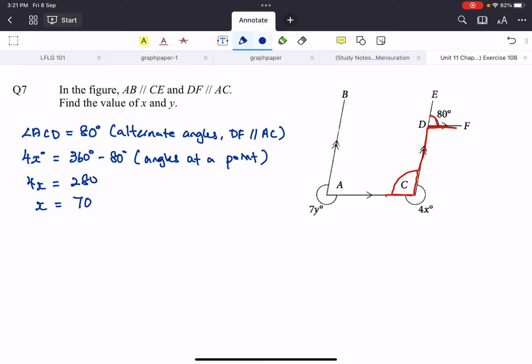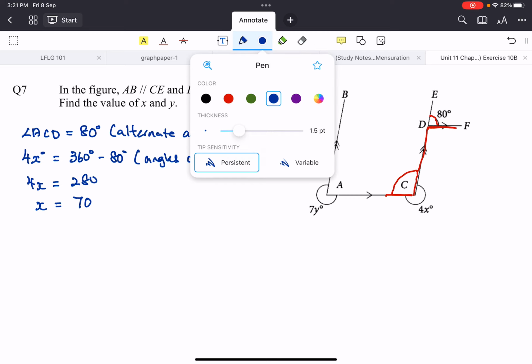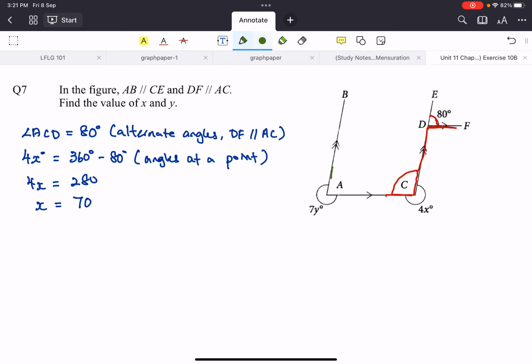Next, we need to find the value of y. So what can we do here? Well, we can find angle BAC first, right? So let me use a different color pen to show you what's going on. We can find this angle over here, right? And again, how do we do it? Well, parallel lines, interior angles.